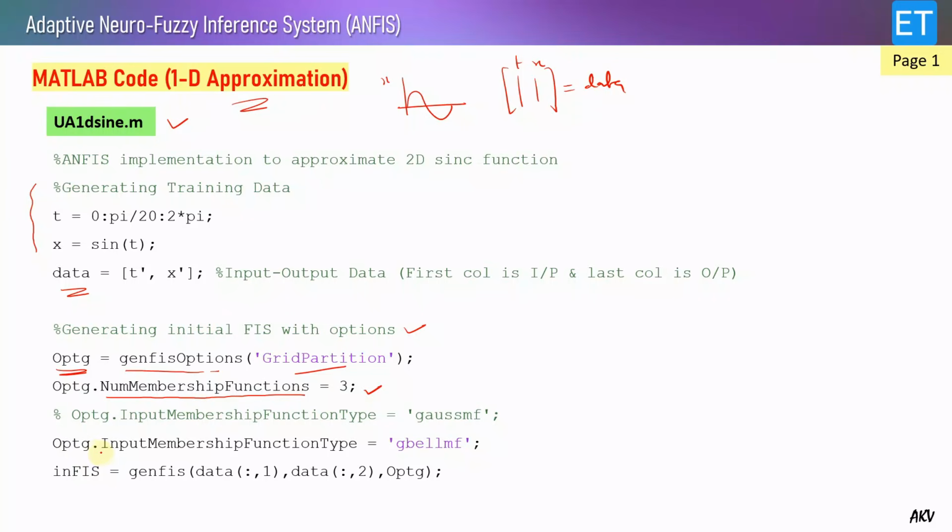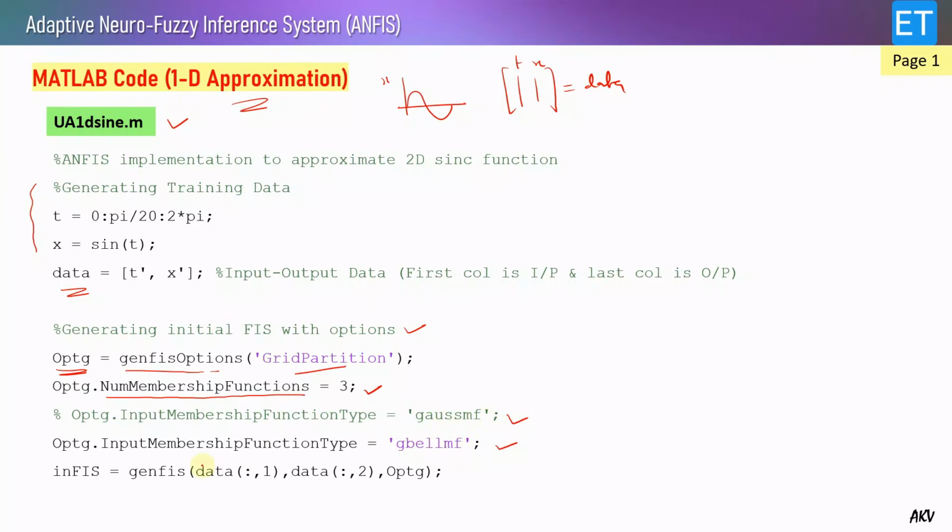Then optg dot input membership function type, I mean which type of membership functions you are taking. So you can take any. There is a list in MATLAB. So you can take help of the MATLAB documentation. Here I'm taking the generalized bell membership functions. You can take a Gaussian MF also.